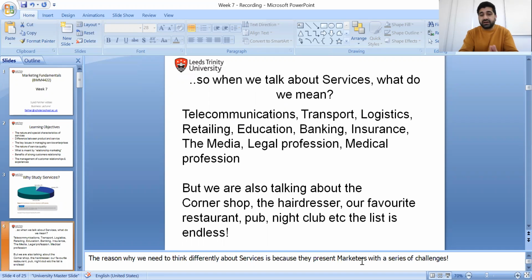So these are all kinds of services. However, we can also talk about corner shops, hairdressers, restaurants, pub nights, clubs, etc. These are all examples of services. These are all providing services.